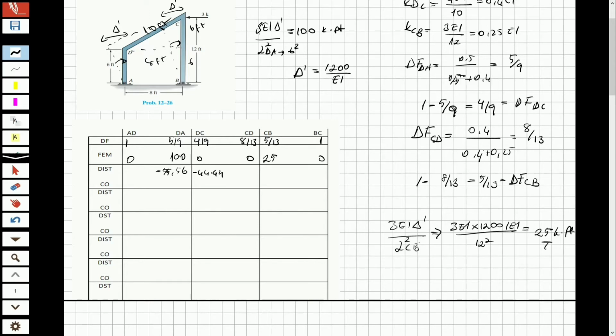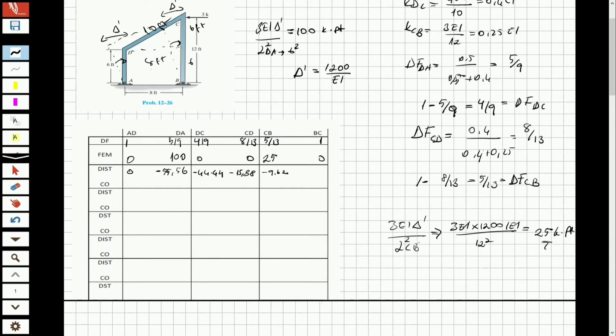The process is like that. For this one also, 25 multiplied with 5 over 13, take the negative of this value, will be minus 9.62, and this will be minus 15.38. It is right.